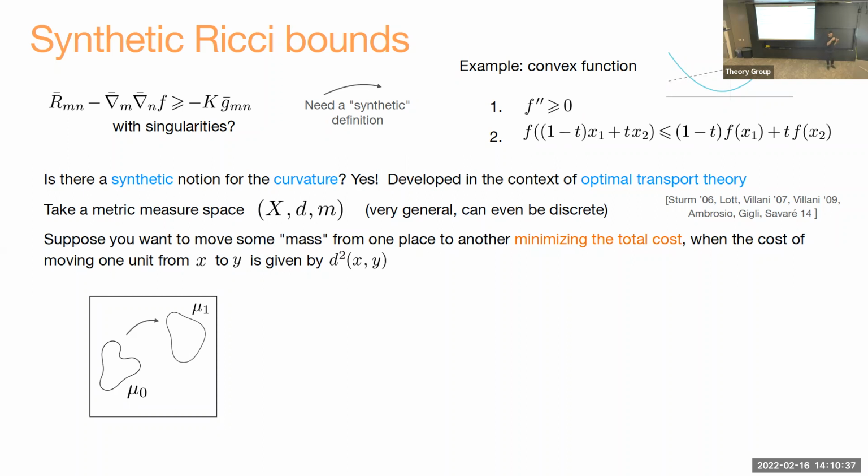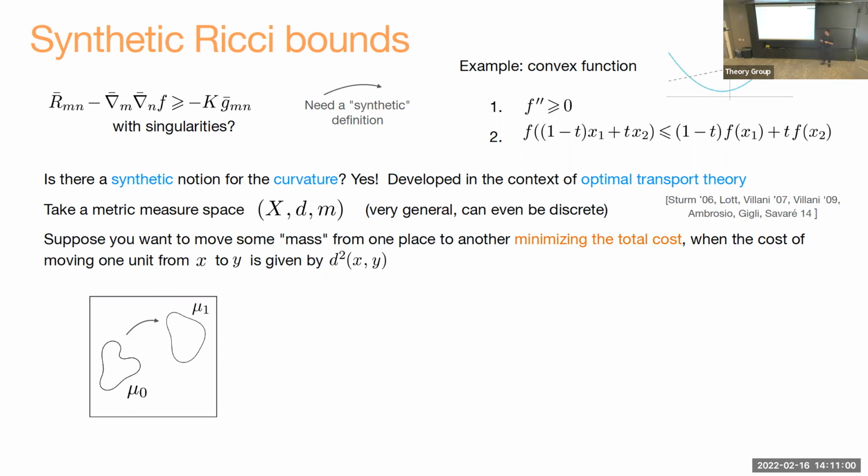You want to move the bread by minimizing the total cost of moving stuff around in your city, say the distance traveled. And so you need to find a way to move each piece of bread from a bakery to a shop. And this is why this is in the context of optimal transport theory.